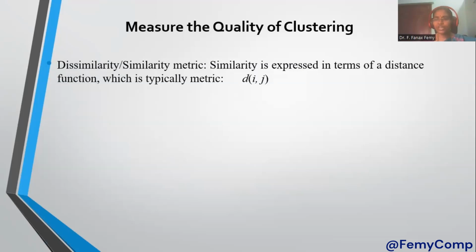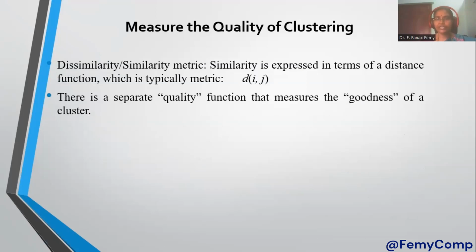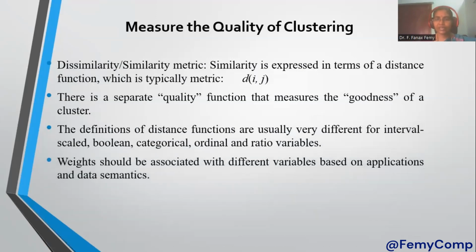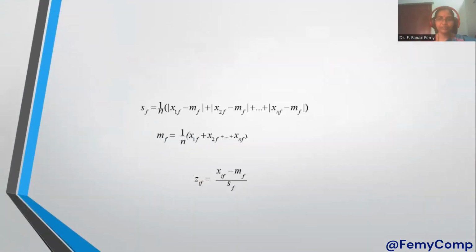The measure of the quality of the cluster: dissimilarity or similarity matrix. We find d(i, j), the distance between two points. Normally one point can be denoted by x, y. The dissimilarity or similarity is expressed in terms of a distance function d(i, j). The weight should be associated with different variables.